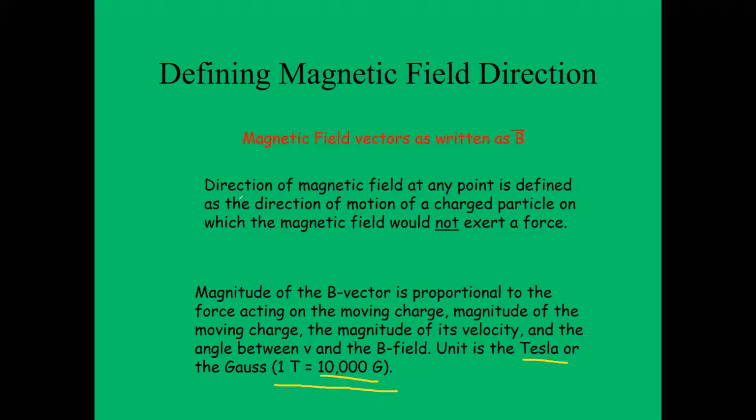And how can we determine the direction of the magnetic field? It is defined as the direction of motion of a charged particle, which could be an electron or any positive ion, on which the magnetic field would not exert a force. This will be clarified in the pictures in the next slide. Now, what does it mean that the magnitude of the magnetic field vector is proportional to these quantities?